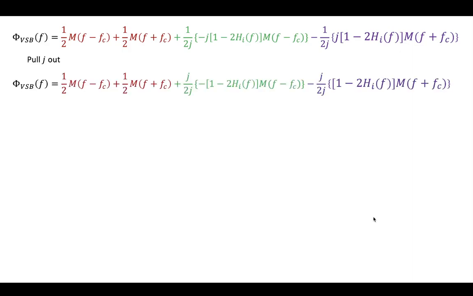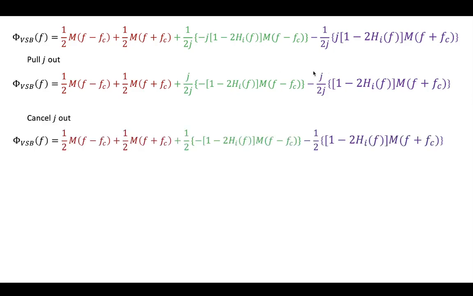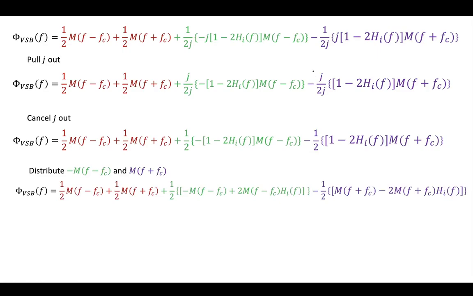So if we pull these J terms out, they're going to come out front now. And we can see now we have some J over J's, so those are going to cancel out. Then we're going to distribute these terms. So we're going to distribute this into the 1 and the 2 HI.